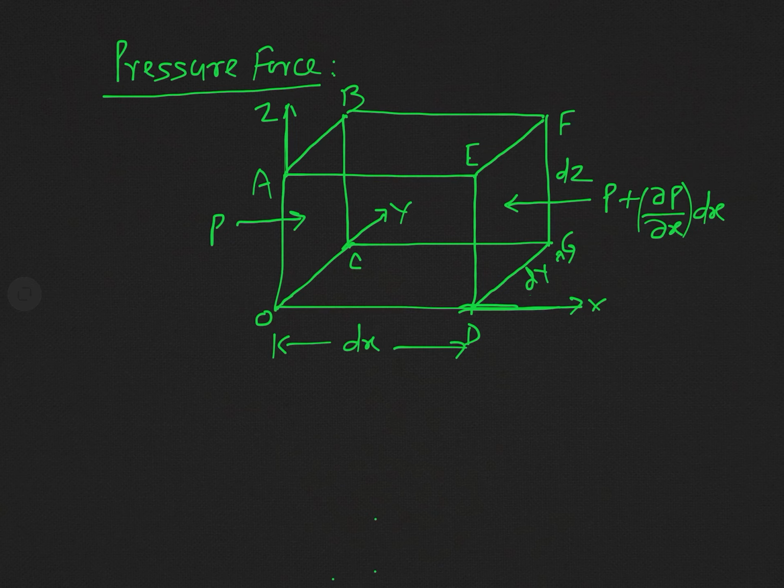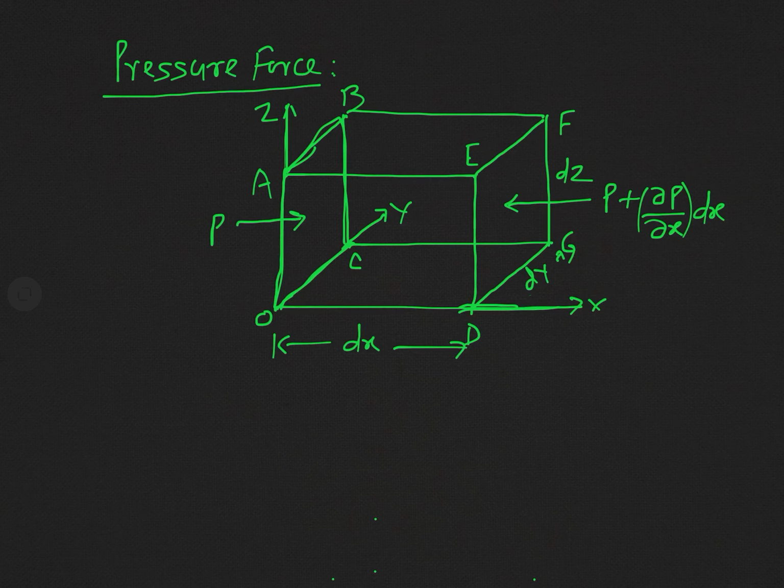So let us consider that the pressure acting on the face OABC is P, and this acts from left to right. Now, due to change in position, there will be a change in pressure, and we consider that del P by del x is the pressure gradient.